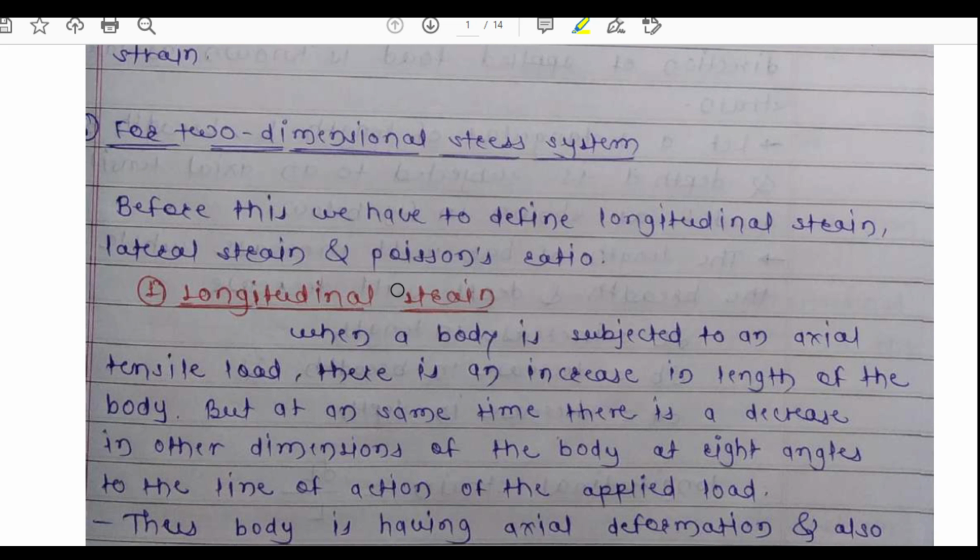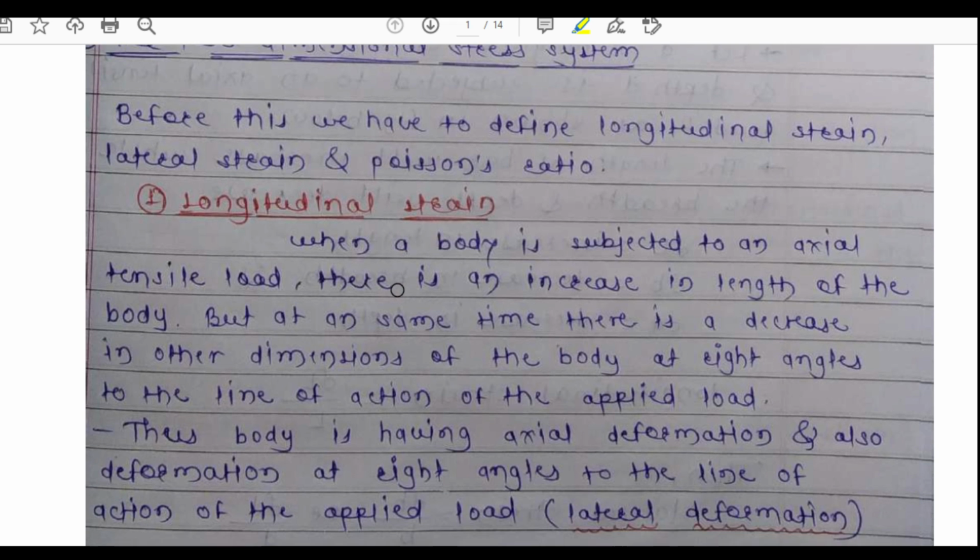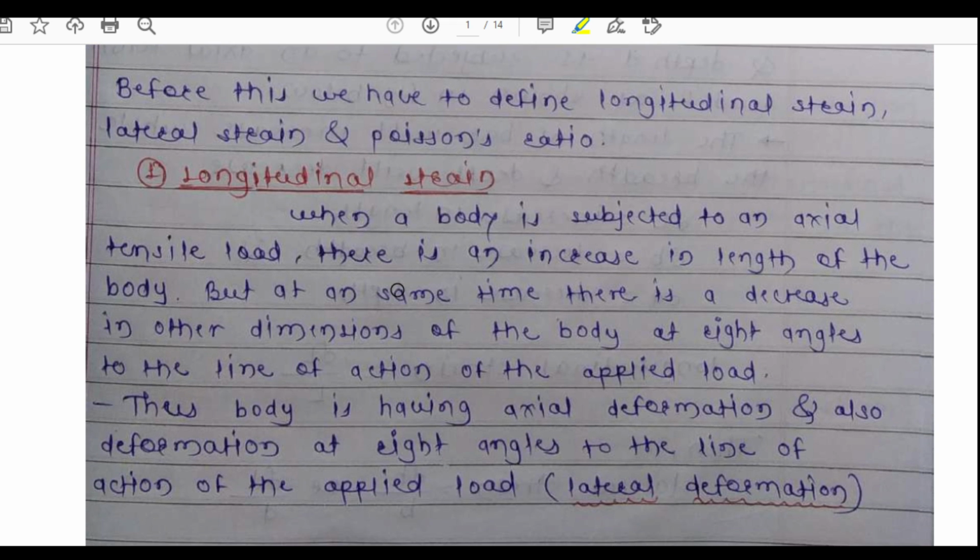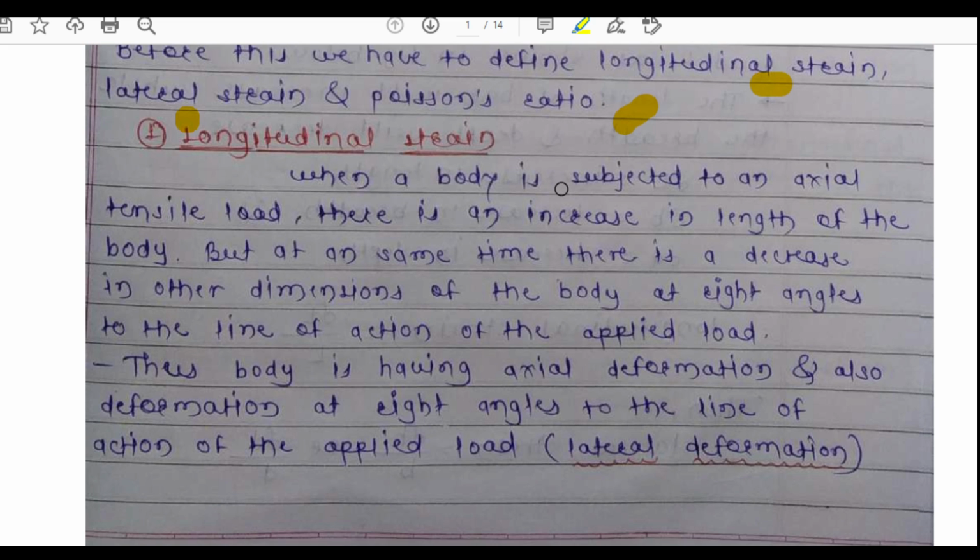Now, before studying the two-dimensional stress system, we have to study some basic types of stress and strains, that is longitudinal strain, lateral strain, and Poisson's ratio. These three things are very much important in this whole concept. First is longitudinal strain.